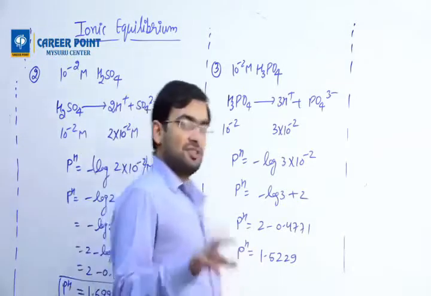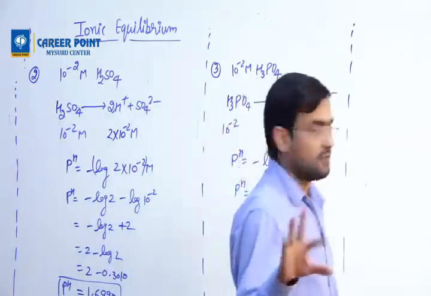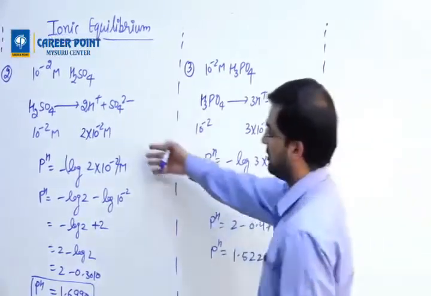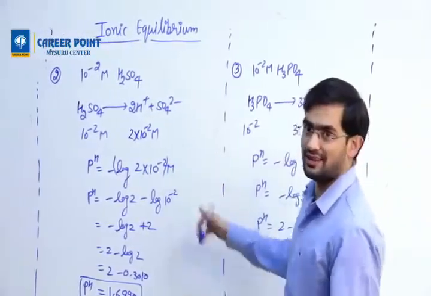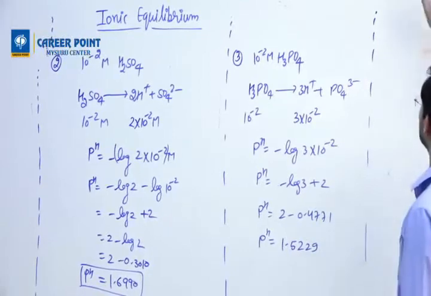Now in the next question I'll give you a trick, okay? With the help of the trick, you don't need to do all these steps. Directly you can write the answer. The trick goes like this.